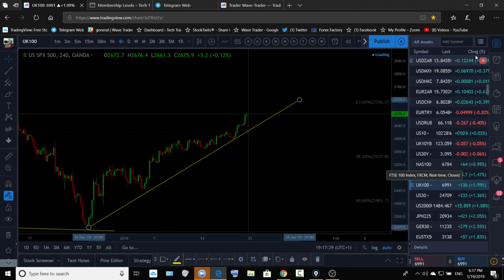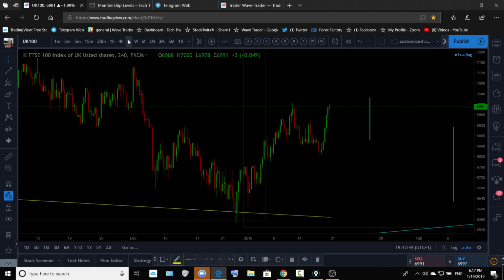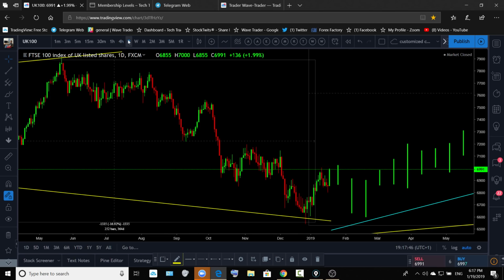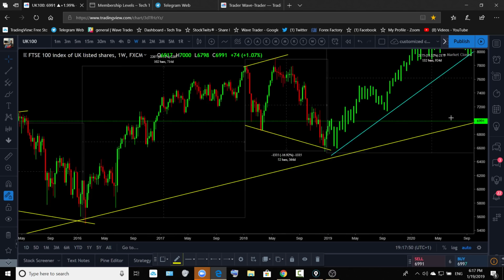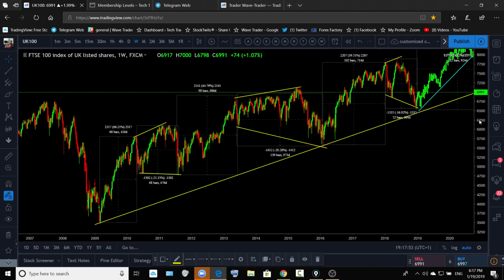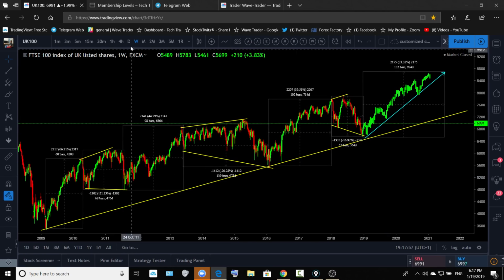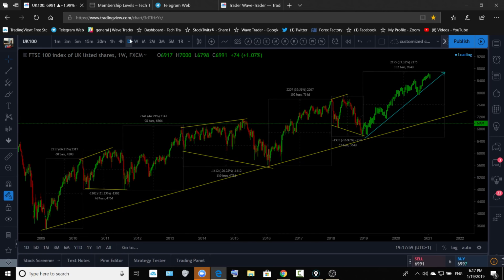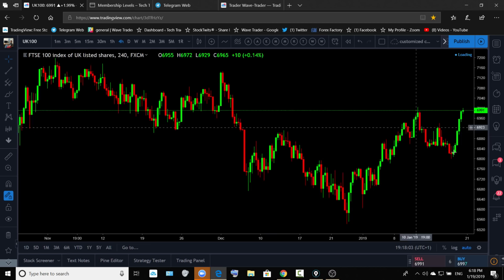All right, and the UK 100 index is almost the same. You are looking for the UK 100 index to continue to go higher. This wave, like that wave. How can you trade on that? In a similar way to how I have just shown you the other US equities.